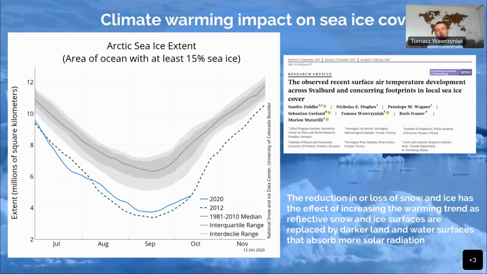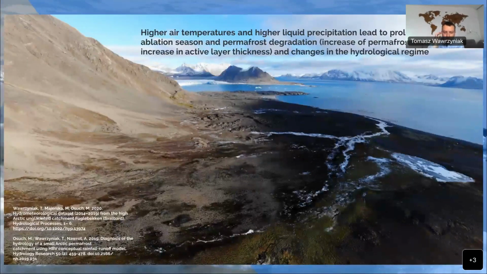So in easier words, once you go out during summer and you wear the black t-shirt, you will feel much warmer than if you wear white t-shirt, because the solar radiation is absorbed by darker t-shirt. And the same thing happens with dark ocean and dark land, which is not covered with snow or ice. So that's something that we also observe.